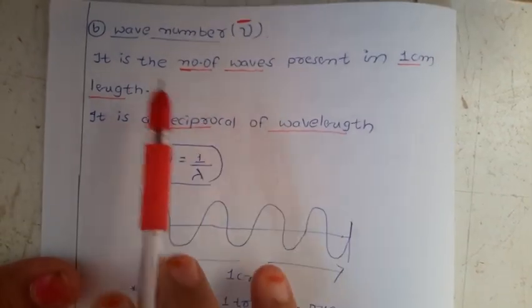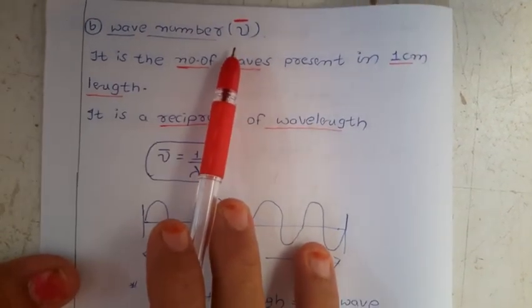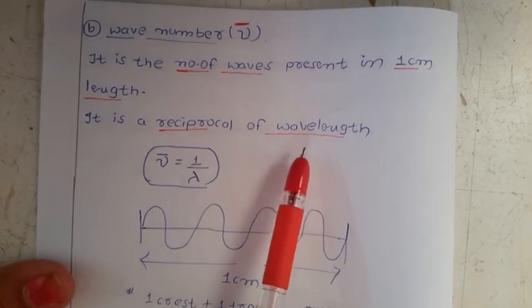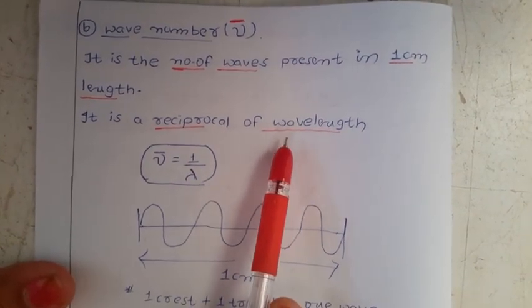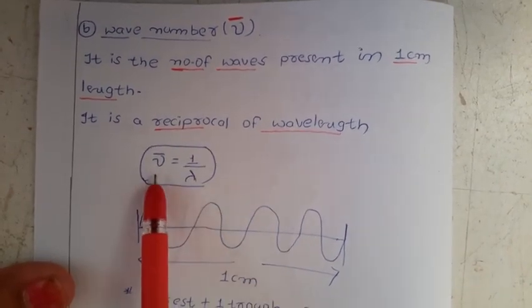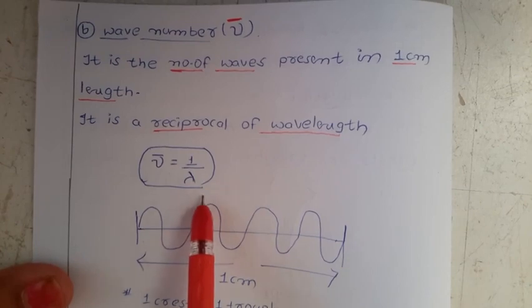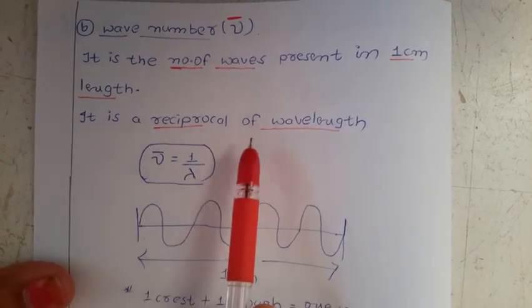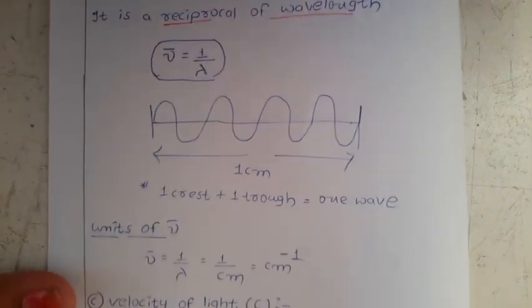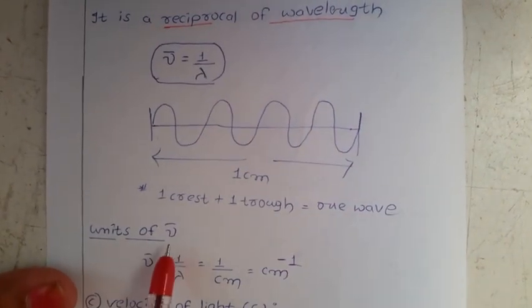That is called the wave number. And it is the reciprocal of wavelength. Very important. So the expression is nu bar equal to 1 by lambda. Now, what are the units of wave number?